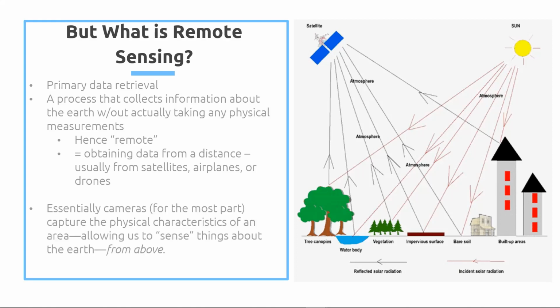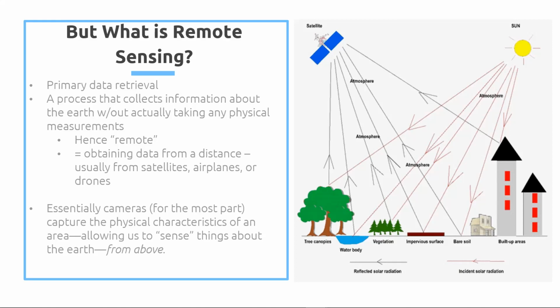Basically the camera is capturing the physical characteristics of an area that allow us to sense things about the Earth. Does that make sense to everybody as far as how remote sensing works? The one you're probably most familiar with is satellites, but there are a lot of different ways of doing it as well.